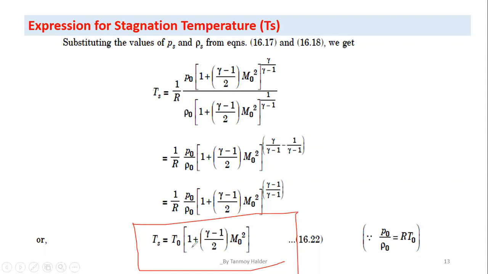Right? This is the temperature. So the third property has been derived as well.